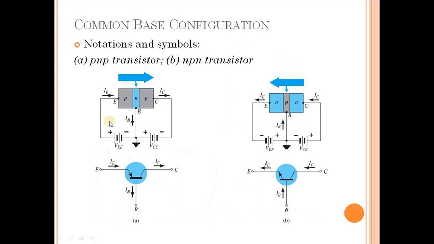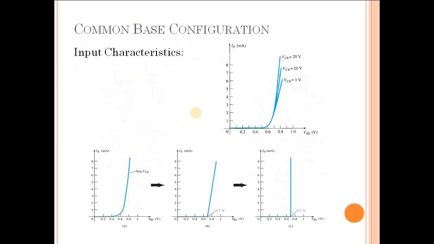This sort of arrangement of DC power supply polarity will ensure that the BJT operates in the active region. Whatever biasing arrangements we have been making, we were doing it for the sake of keeping the BJT in the active region.